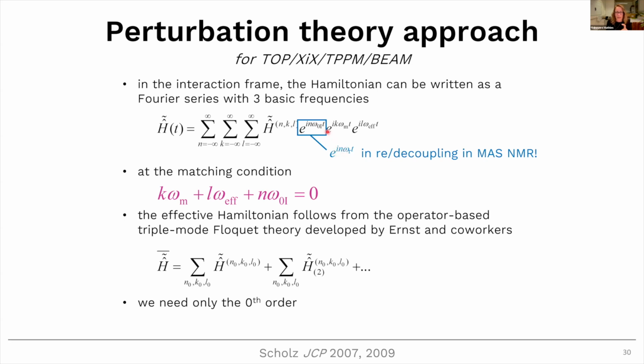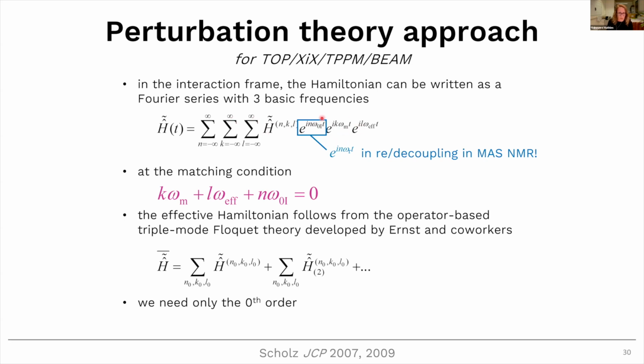Note, however, that the origin of this term is different. Whereas the oscillation with the rotor frequency comes from the intrinsic time dependence of the Hamiltonian, the modulation with the Larmor frequency comes from our frame transformation.